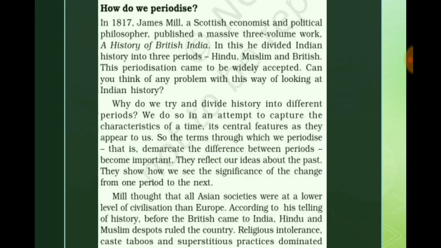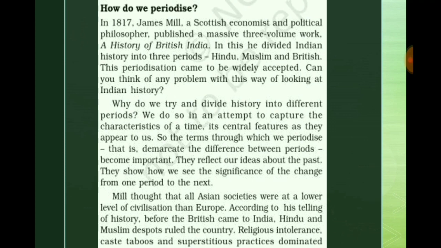If you see rulers like Akbar, and I think you have already read in 7th standard, Akbar was very tolerant to the Hindu faith. He even had a Hindu finance minister, whose name was Todar Mal. So there is no point in categorizing based on the religion of rulers. Hence, we discard the British classification of Indian history.